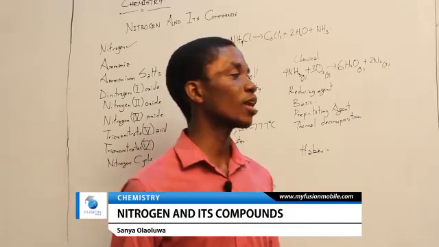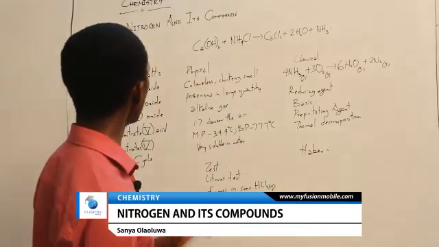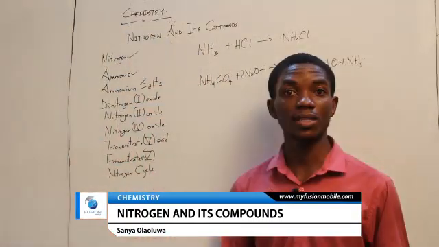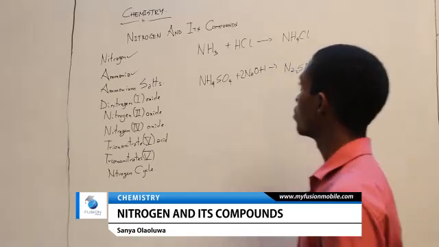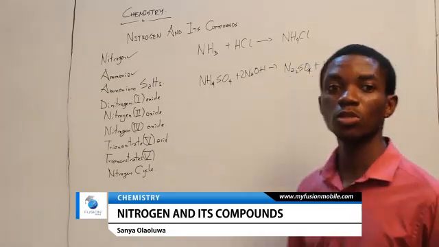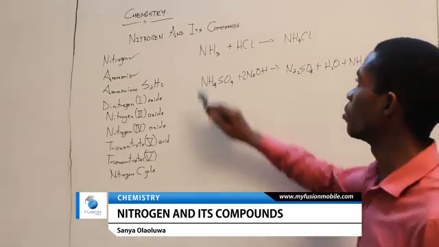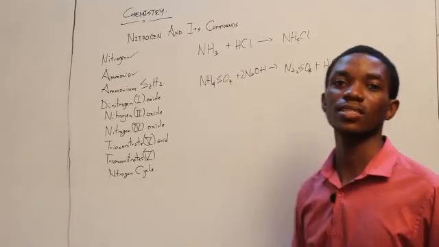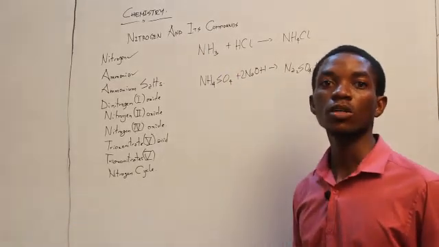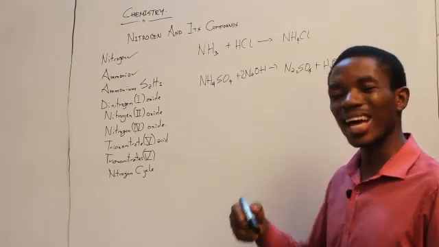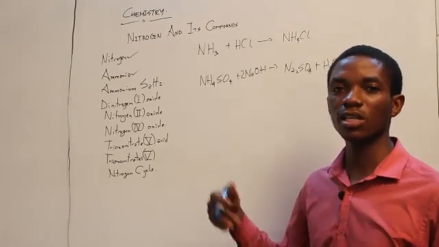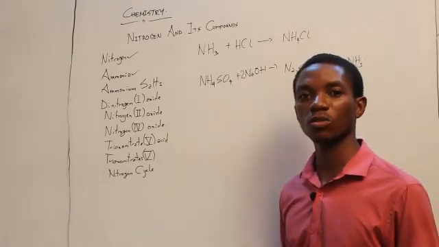But let's go further by looking at the ammonium salts. Let's take a quick look. Ammonium salts can be formed by reacting ammonia with the acids that provide the anion of the salt.